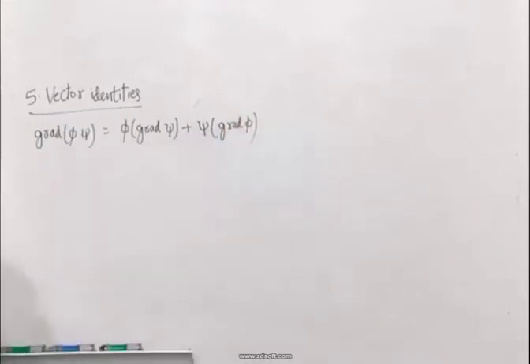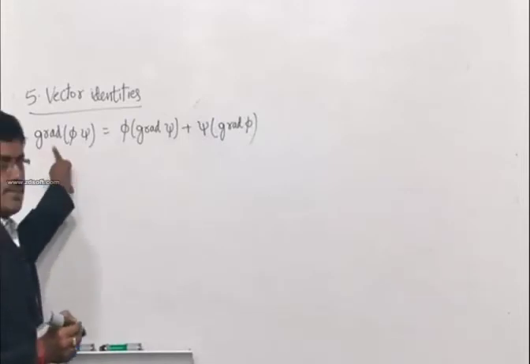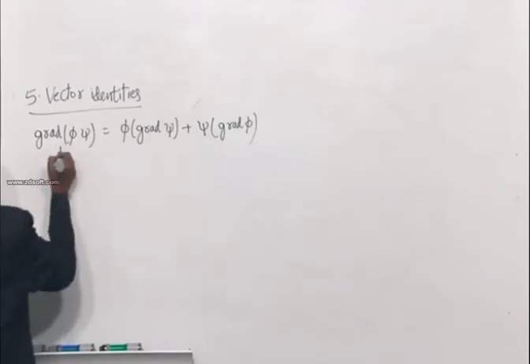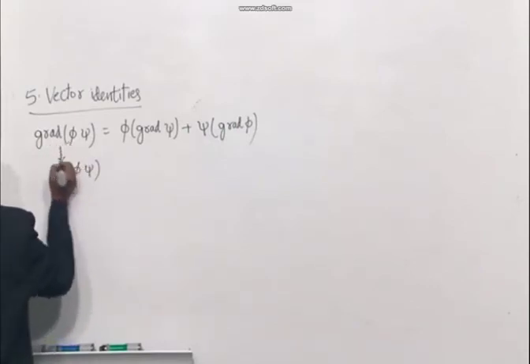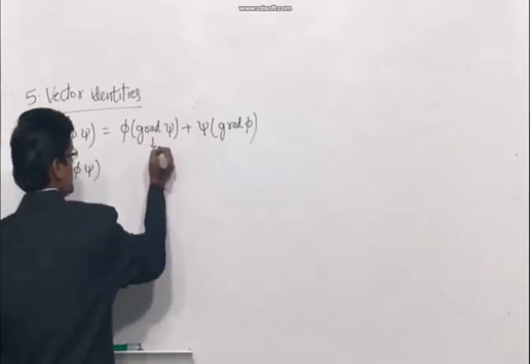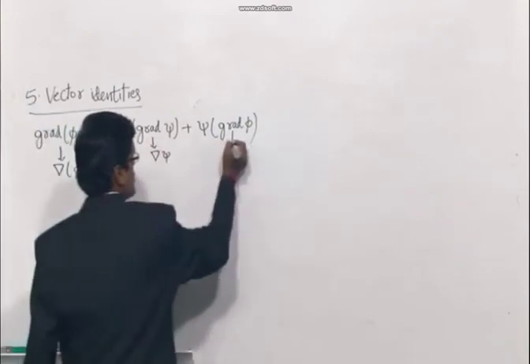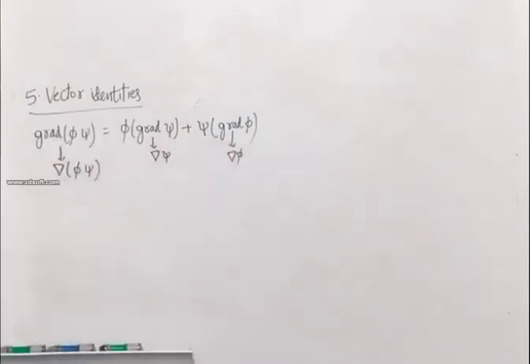Write all these note points in word forms as well as notation forms, operator forms. Del of phi psi is phi into del psi plus psi into del phi. That means results are given like that in the options.